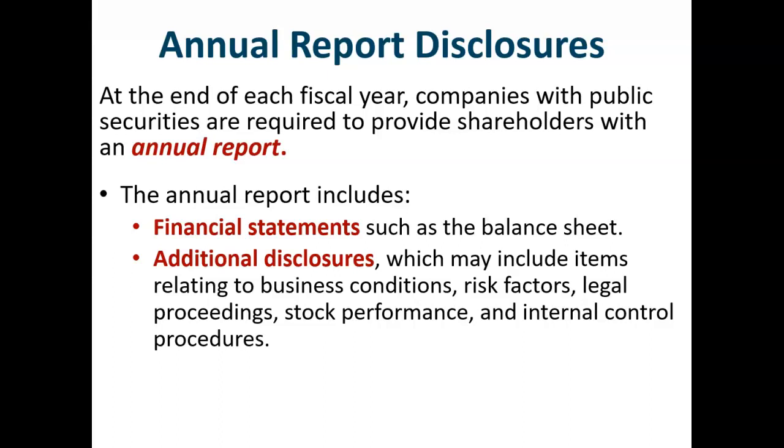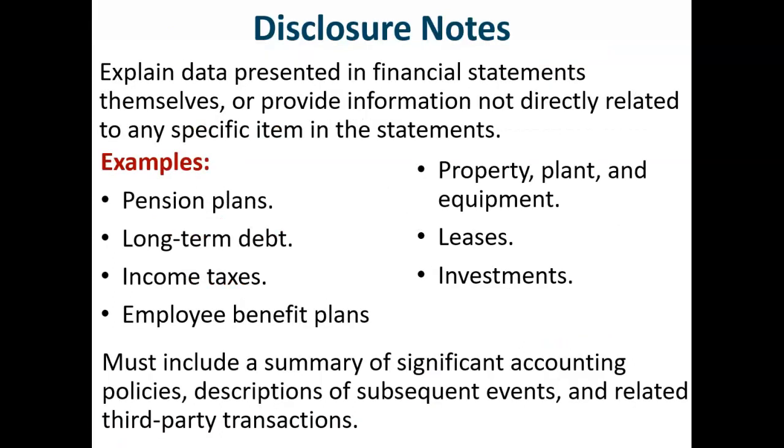Critical to understanding the financial statements and to evaluating a company's performance and financial health are additional disclosures included as part of the financial statements. Some financial statement disclosures are provided by including additional information, often parenthetically, on the face of the financial statement.